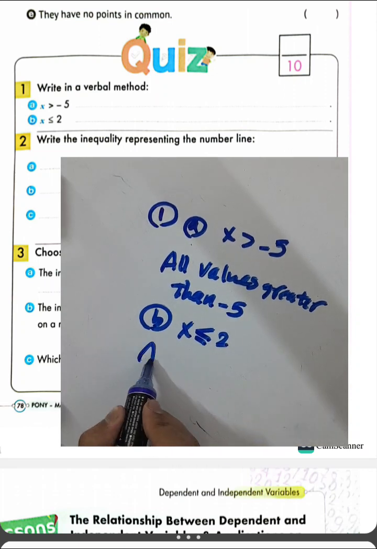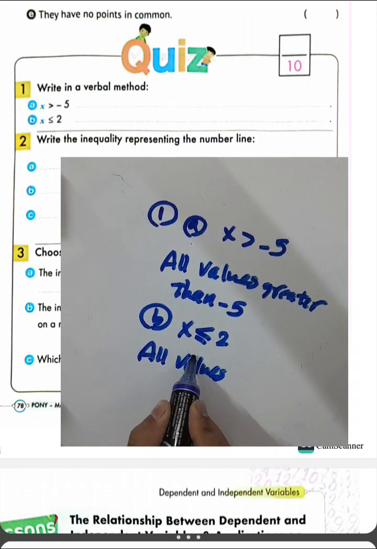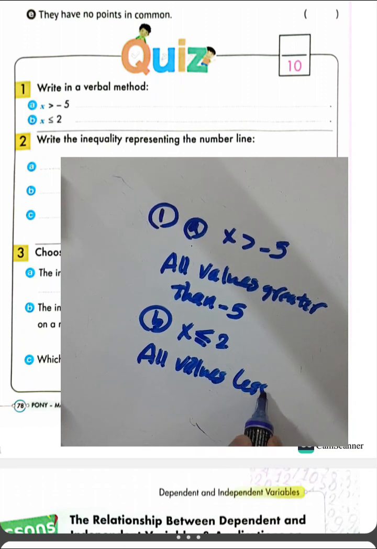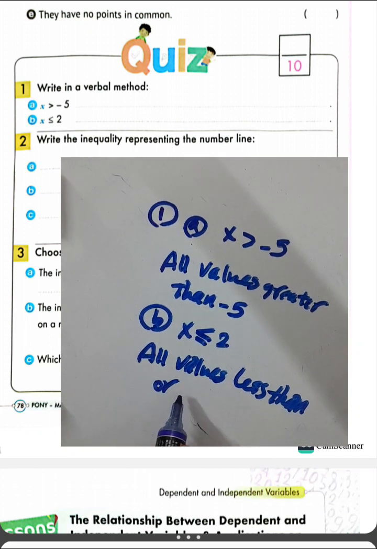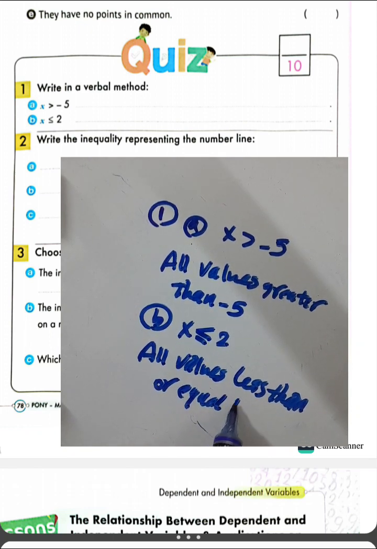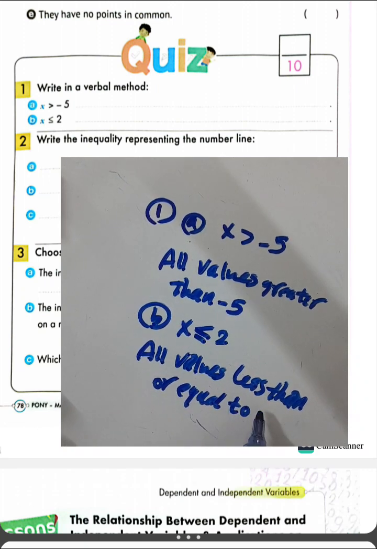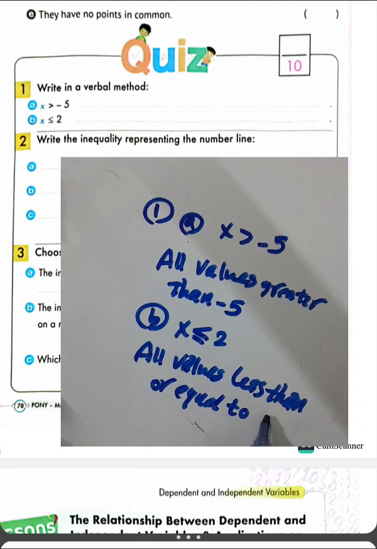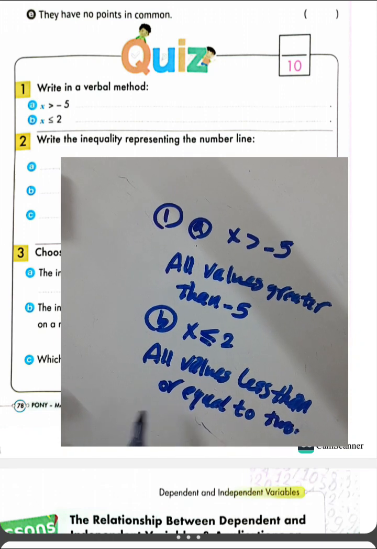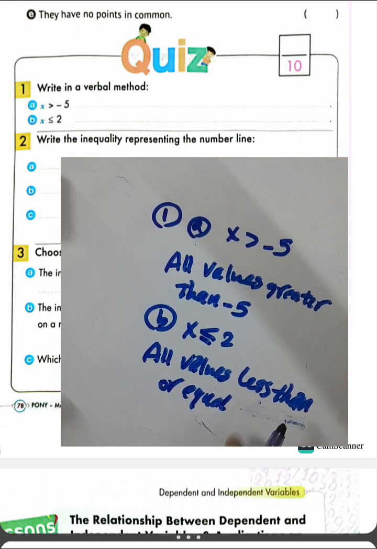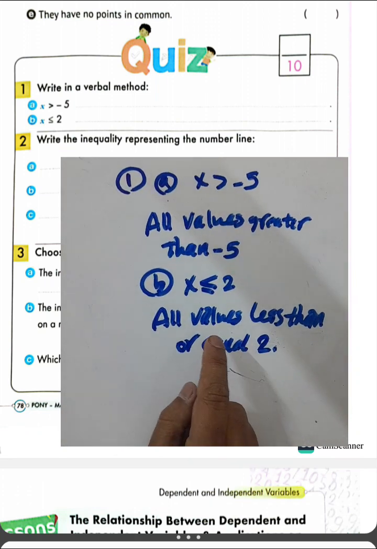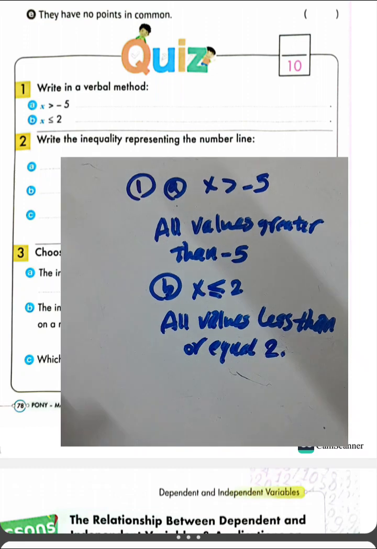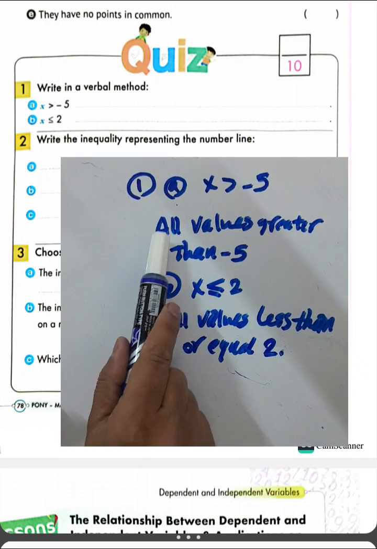Write all values less than or equal to 2. Or equal to, right here. All values less than or equal to. Understood? x greater than negative 5 means all values greater than negative 5.